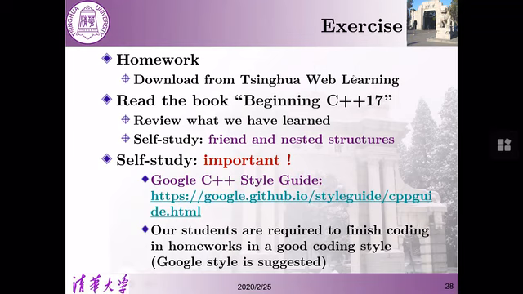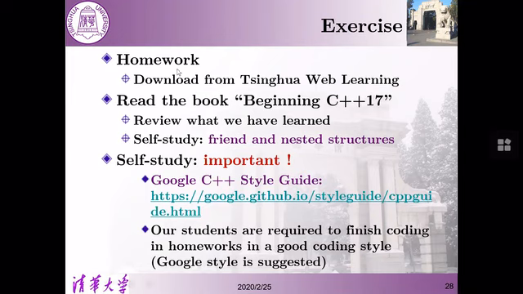Otherwise, if your programming style is not accepted by others, it may affect your homework credits, because other students will evaluate your homework after you finish it, okay? Anyways, I suggest that from now on, if you write some code, you stick to a good coding style.